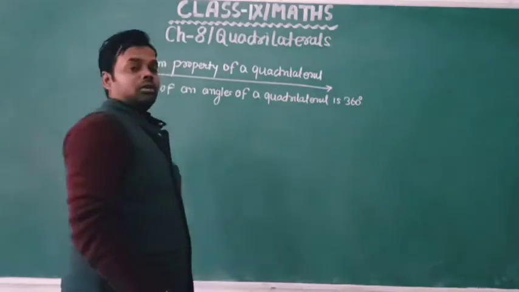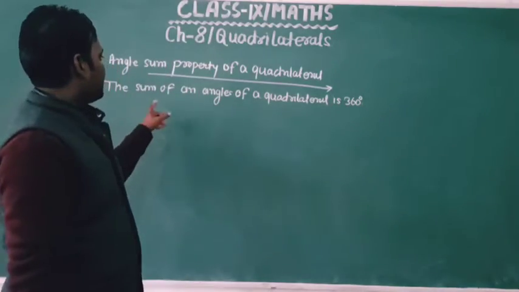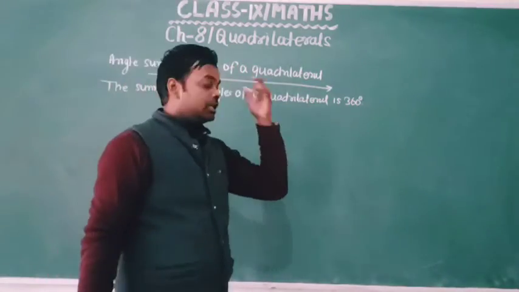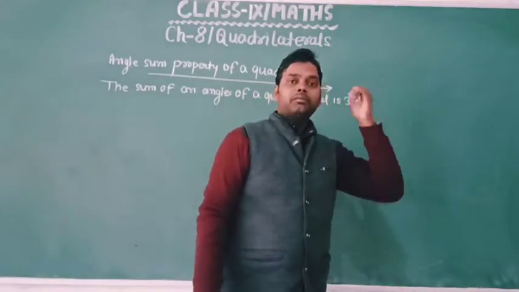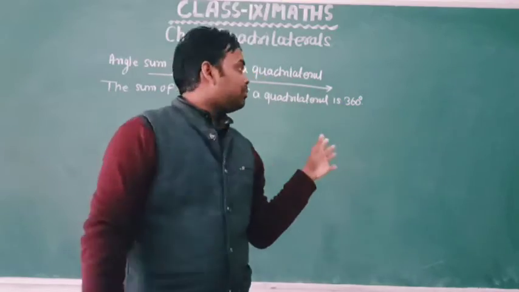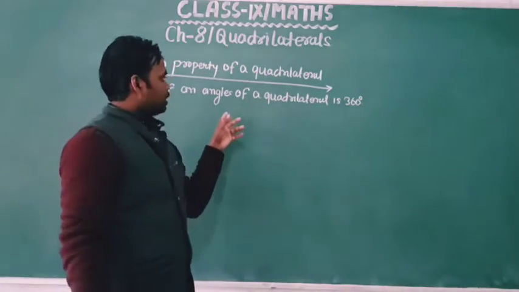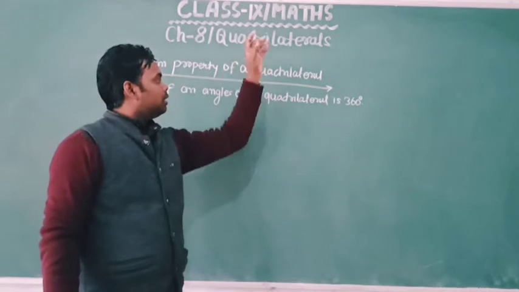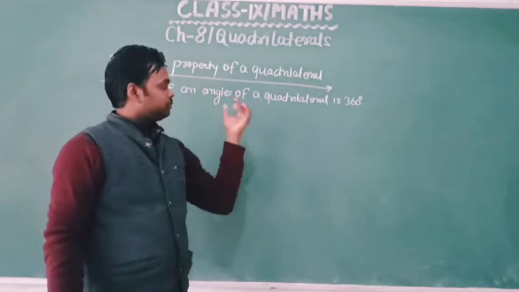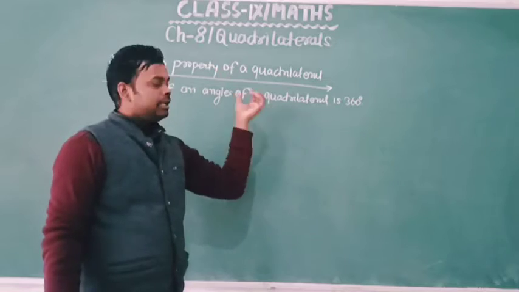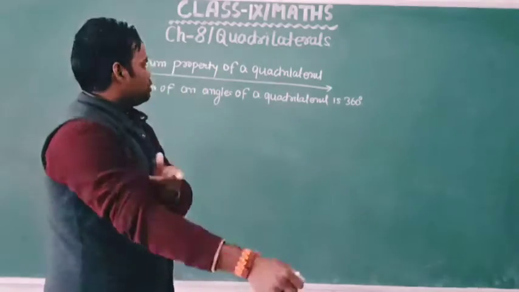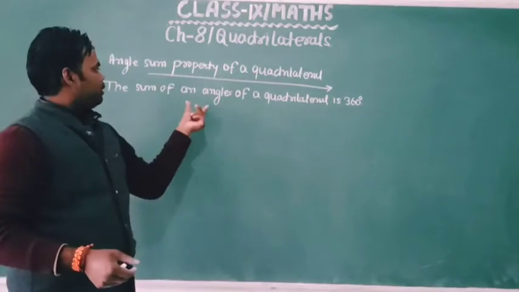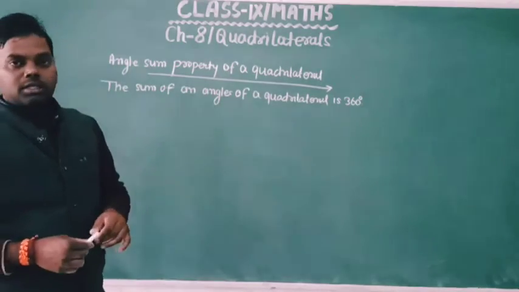Okay, so dear children, the sum of the angles of a quadrilateral is 360. This can be verified by dividing the quadrilateral along a diagonal into triangles. Okay, so let us see how we prove the sum of the angles of a quadrilateral is 360 degrees.